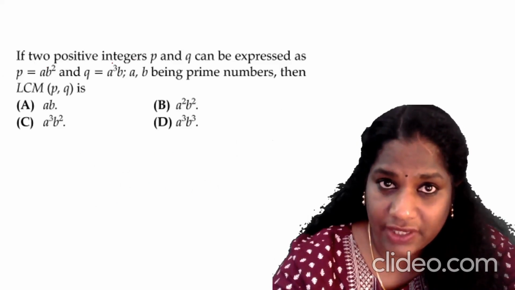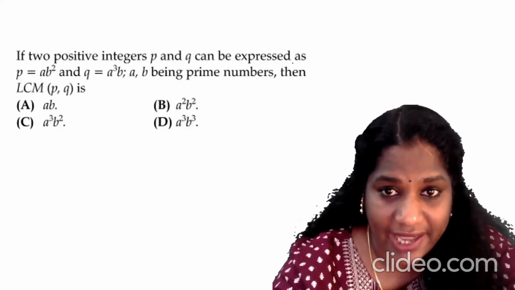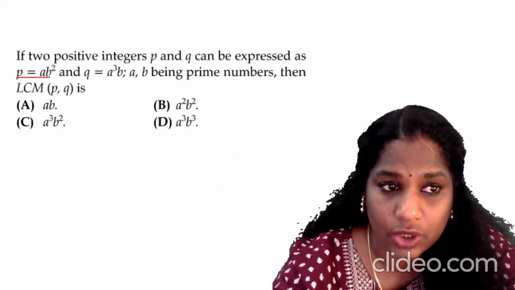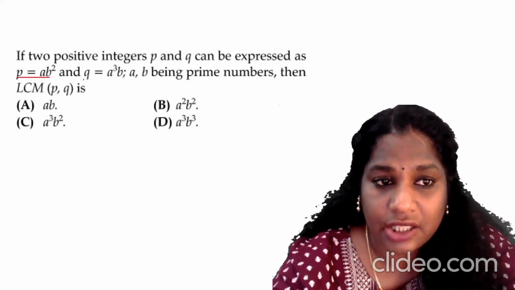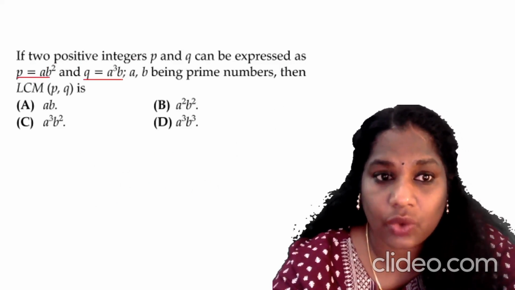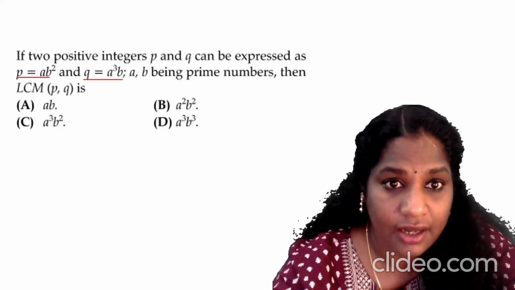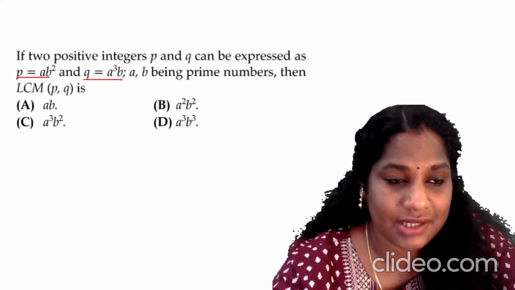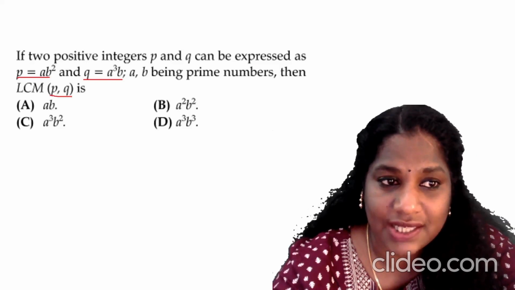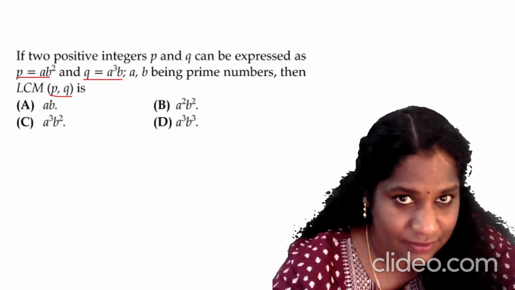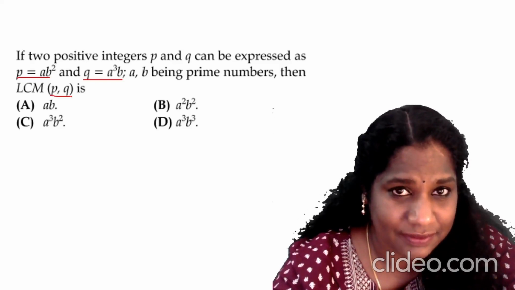This is again an easy question. If two positive integers p and q can be expressed as p equal to a b square and q equal to a cube b, and a and b being prime numbers, then the LCM of p and q is how much? Is it difficult? Very easy.